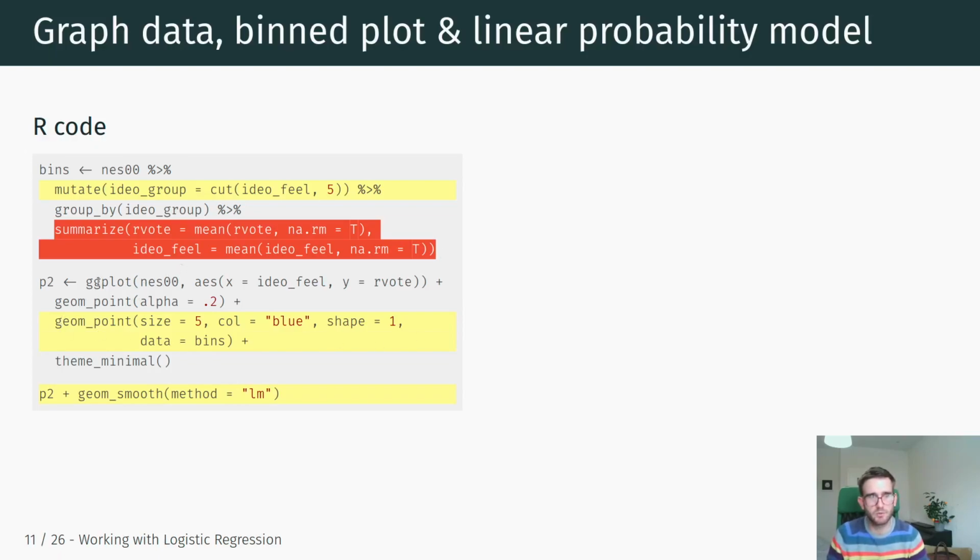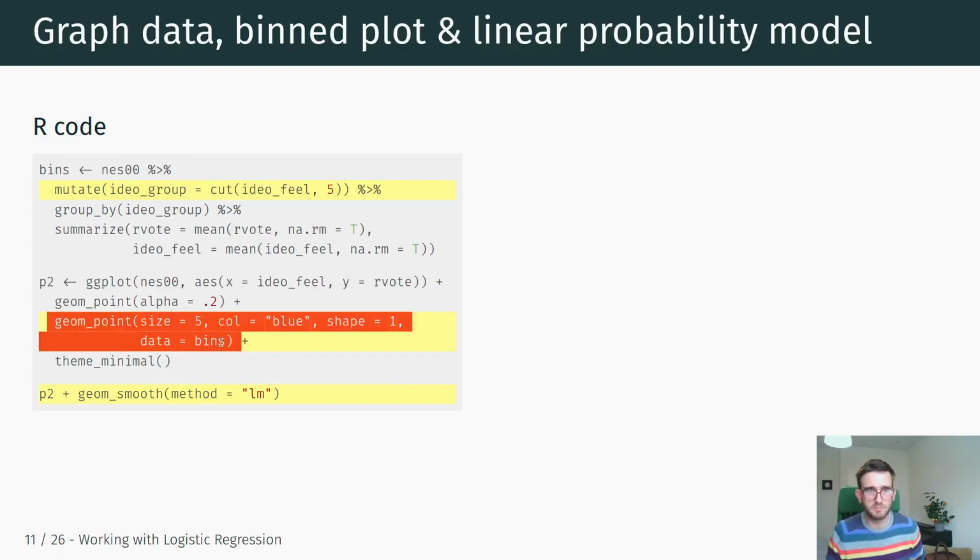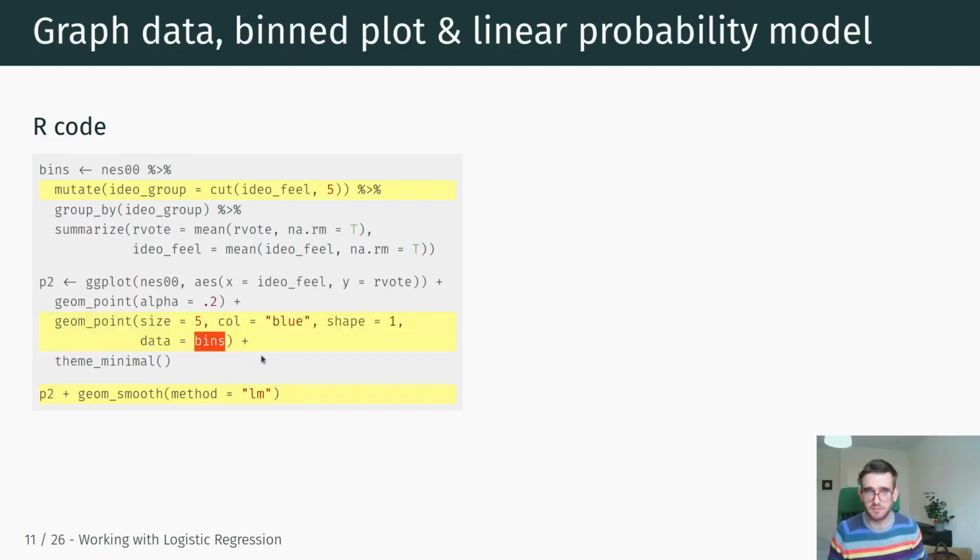The way we're going to do this is we first specify the basic scatter plot, the raw data, where the outcome measure is just 0 or 1, and the input ranges from 0 to 100. But then we add additional points based on this bins data that we just generated.